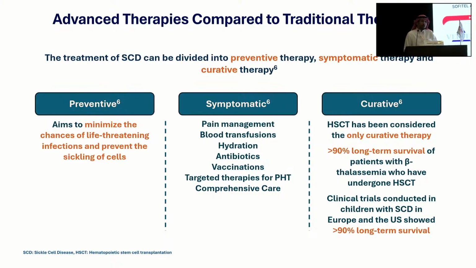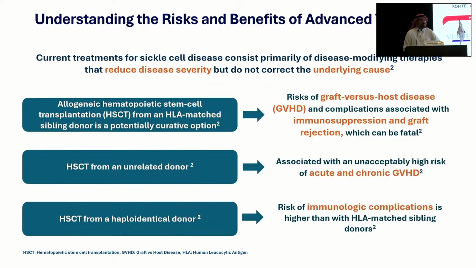So the question now: you have allogeneic stem cell transplant and gene therapy, so which will we use? This is the journey or treatment plan for any patient with hemoglobinopathies. Usually prevent symptoms, symptomatic therapy, pharmacological therapy, transfusion, and the only way to cure these types of patients is allogeneic stem cell transplant.